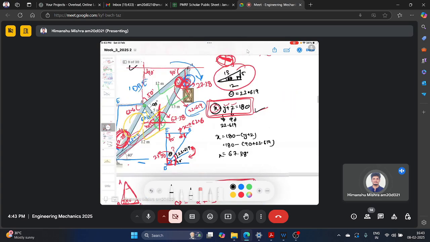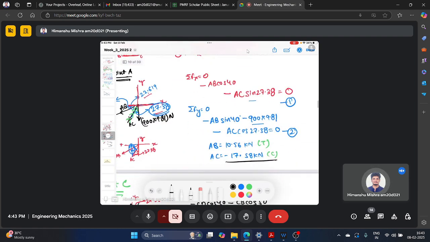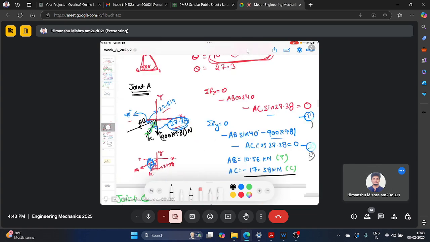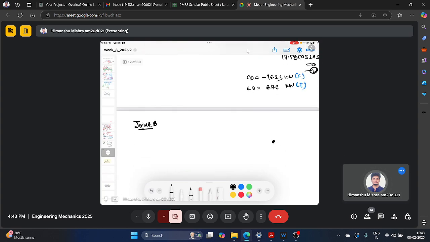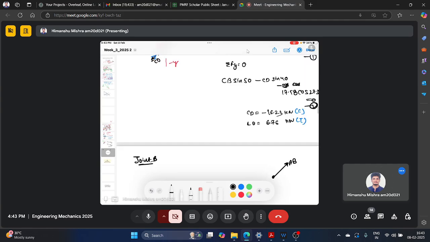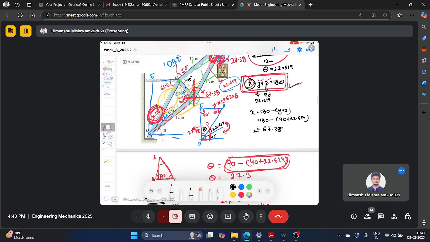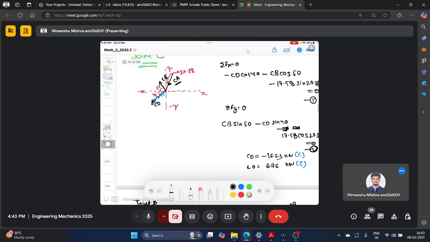In AB, our force was tensile, which is away from the joint. AB was away from the joint. So if this is my joint, this is my AB, and CB was tensile.